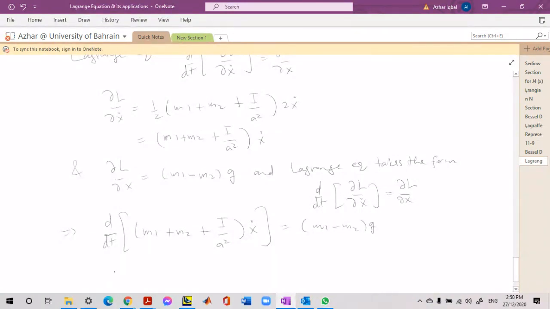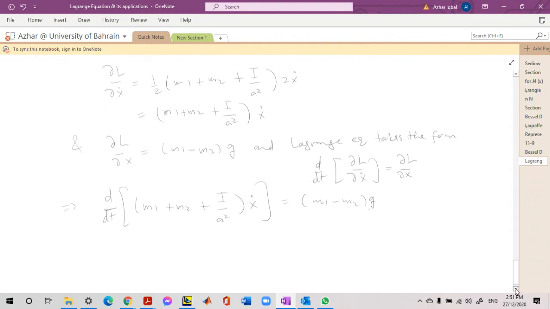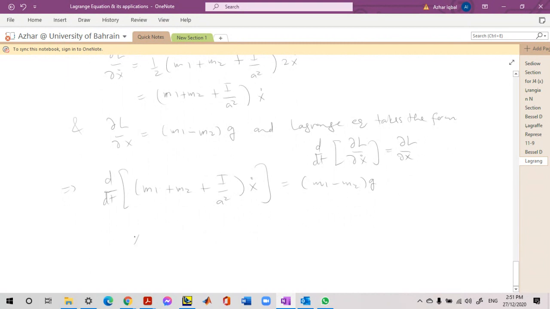Now if you solve this equation, this is a time derivative of x dot, so it becomes x double dot. You can easily obtain an expression for x double dot, which is the acceleration of the two masses suspended with the pulley, and it comes out to be m1 minus m2 times g over m1 plus m2 plus I over a square.